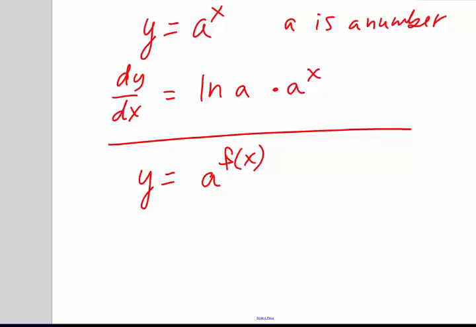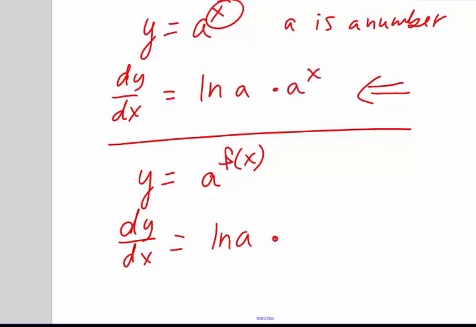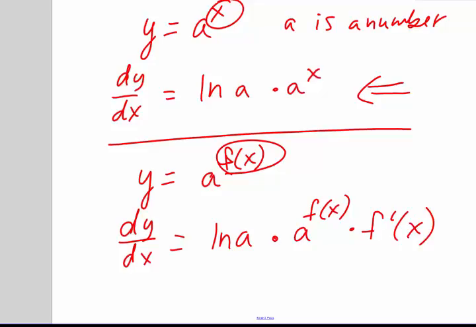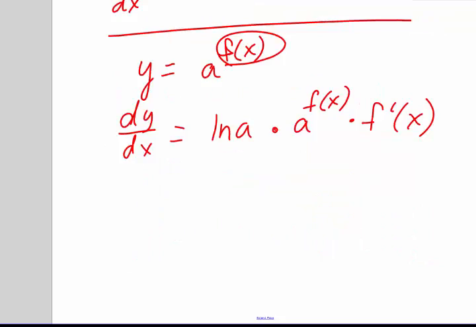Well, we're going to do this the same way that we were doing the other ones. To find that derivative, we follow the rule that we just came up with here, but now we have something that's more gutsy in our exponent. So we're still going to get natural log of a times a to the f of x, but then we have to find the derivative of our exponent times f prime of x. A little confusing, I know, but just don't ever forget the guts.